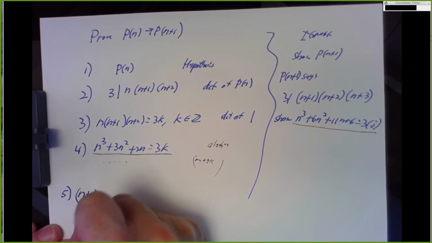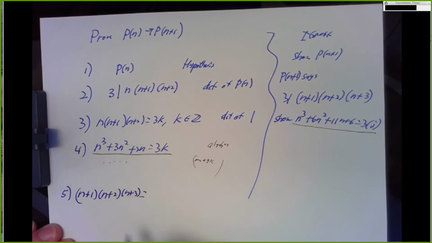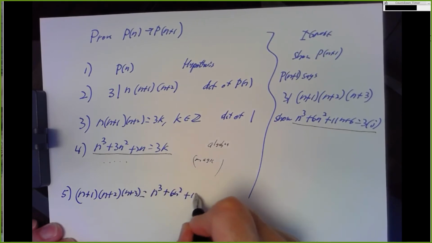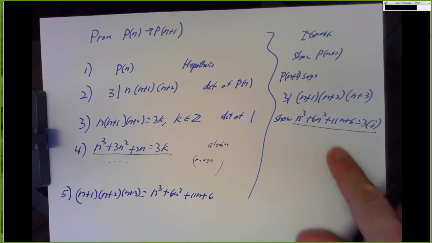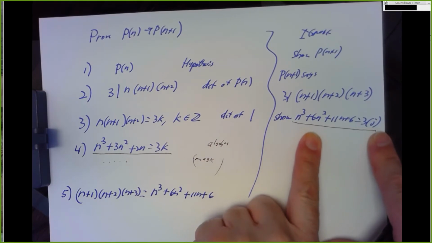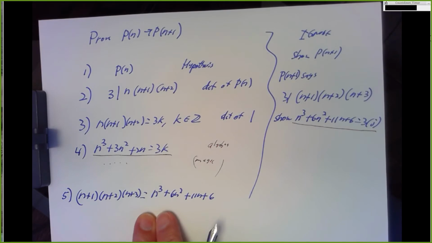N plus 1 times n plus 2 times n plus 3 equals n cubed plus 6n squared plus 11n plus 6. And that's not using something illegal, right? I put it in my ignore section because I said this was 3 times an integer, and I don't know that, so I can't be part of my proof. But I know this. This is just algebra.